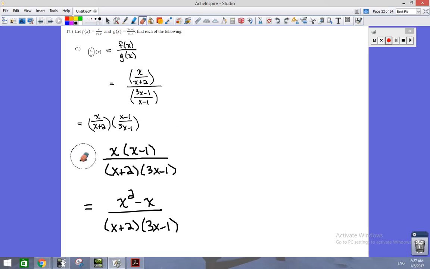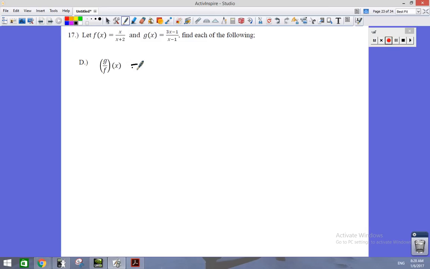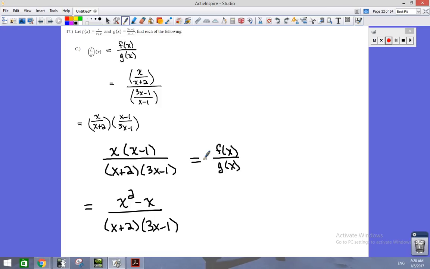Think about this: we've done most of the work. If this is f of x divided by g of x, and in part D I want g of x divided by f of x, well, I guess this technically isn't the numerator.